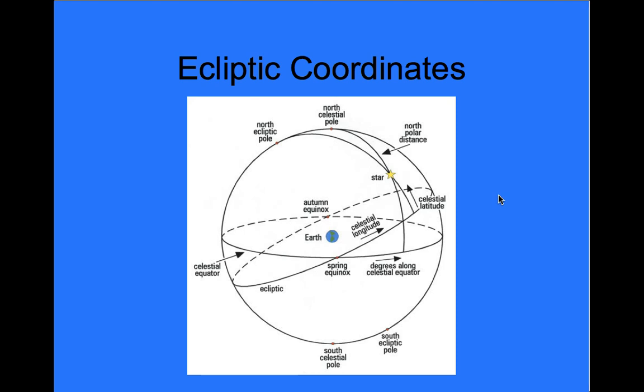That is useful for talking about the planets, the moon, and the sun, which seem to stay on this circle. So this star up here has one set of coordinates using declination and right ascension, but using celestial latitude and longitude, it would have a different set. Converting from one set of coordinates to another is complicated.